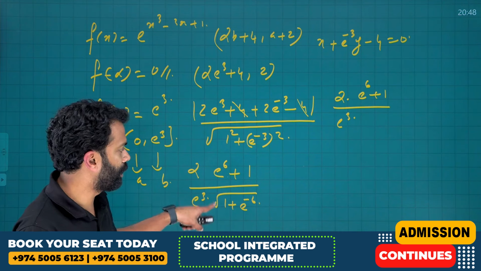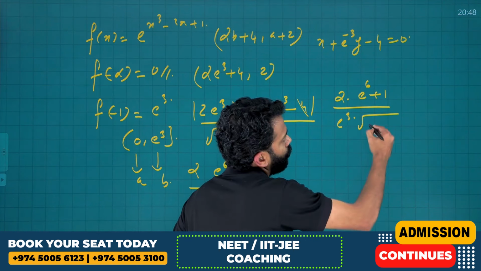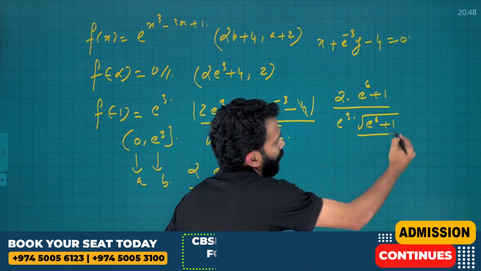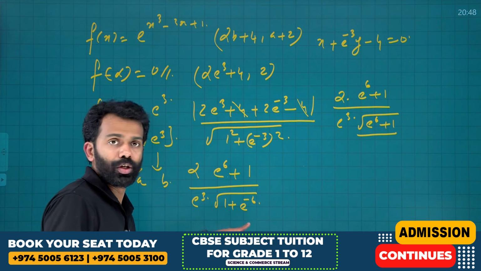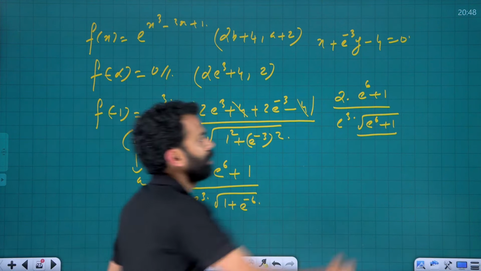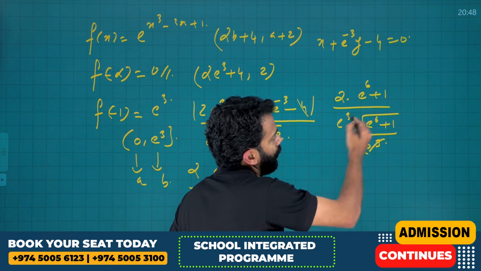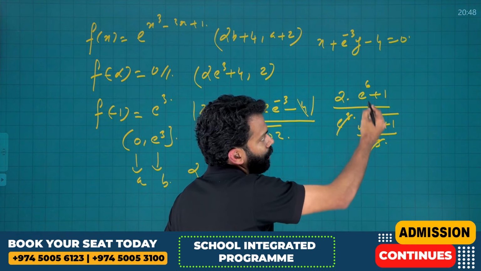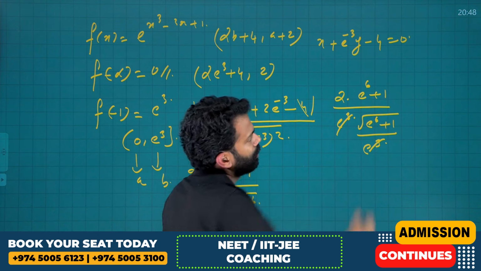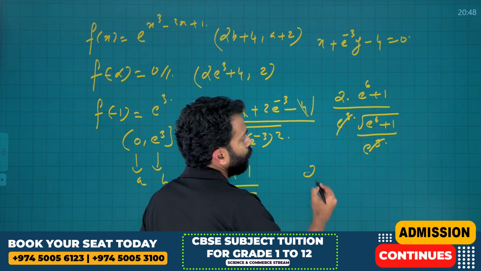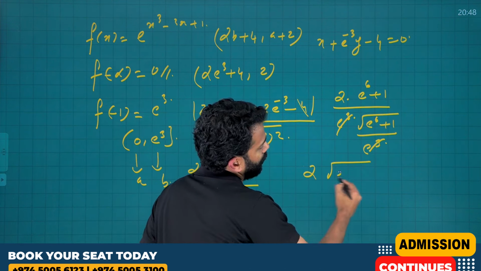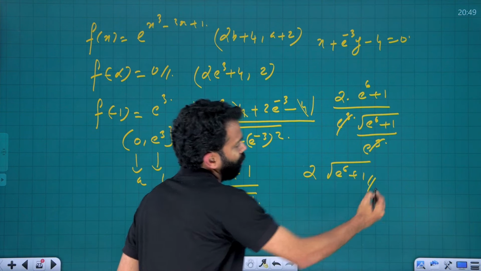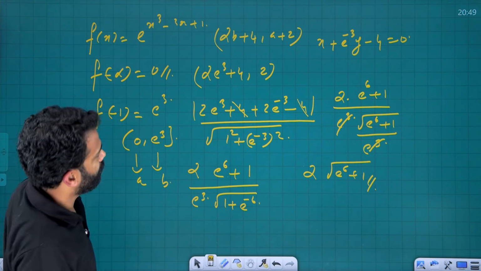Cross multiply, you will get e raised to 6 plus 1. That is root of e raised to 6 plus 1 divided by e raised to 6. If you apply square root, you will get e cube. Cancel this and this. This will also get the root here and here. The terms are same, right? Therefore, it will be 2 into root of e raised to 6 plus 1. That is the final answer. And which option is that?